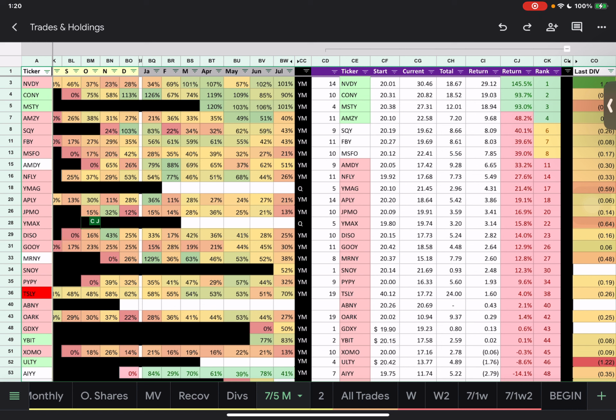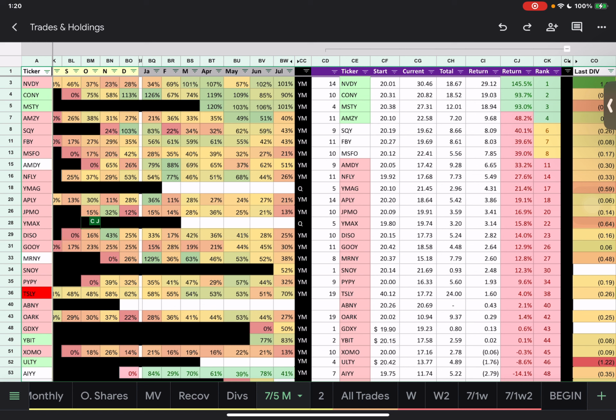Now, again, we're looking at total return since inception. So remember, the start date is the day it opened, the price it opened at, okay? And then we have the current with the total distributions, and then we have our total return dollar-wise, and then percentage-wise, and then the ranking.